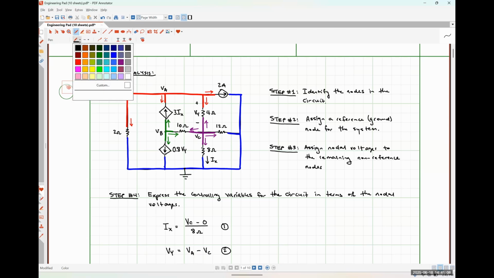So I want to know the power supplied by this guy right here. Anybody have any thoughts on how I might be able to determine that now that I know what my nodal voltages are?